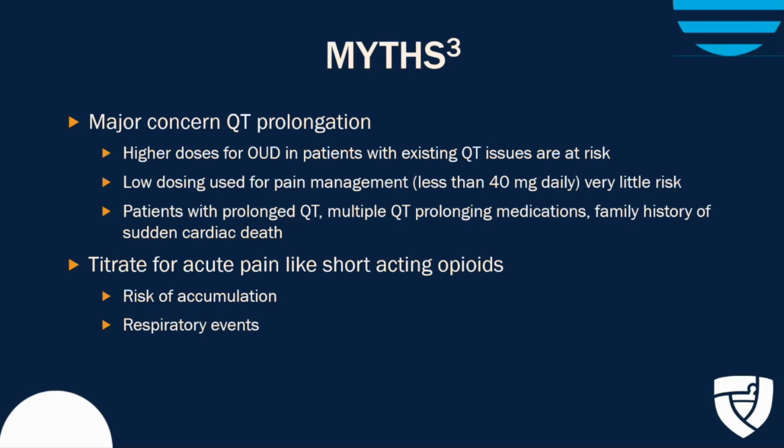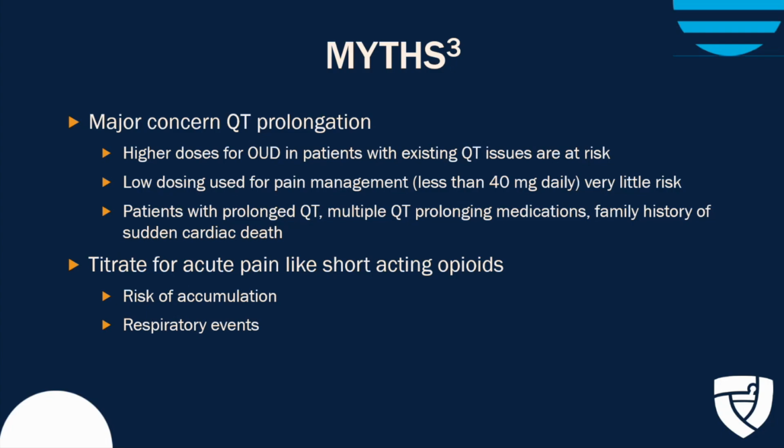In our myths section with methadone, one myth that's out there is that it is a major QT prolonger and you should have high concern for using it and increasing the risk of QT interval prolongation. In the literature, it's been shown that this truly isn't the case. Higher doses used for opioid use disorder have been correlated with QT prolongation, especially in those patients with existing QT issues. That's where the high risk lies.